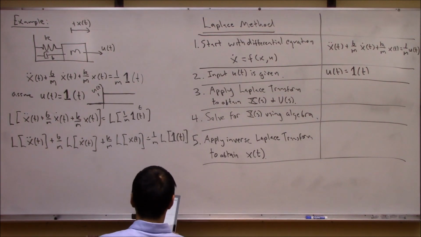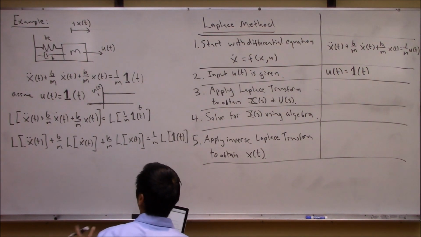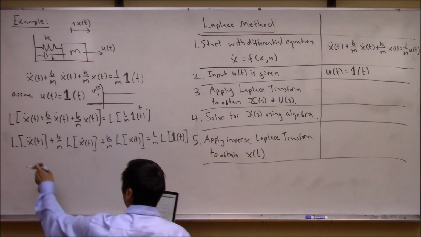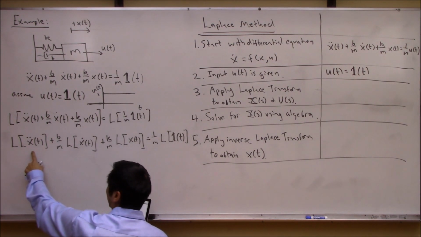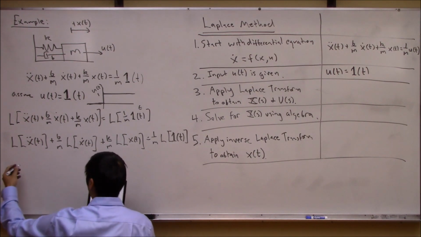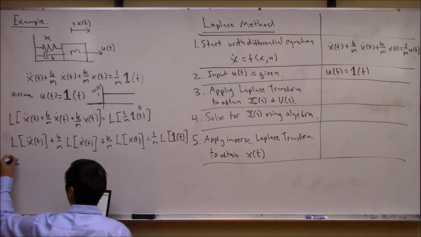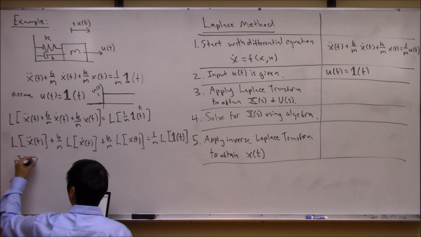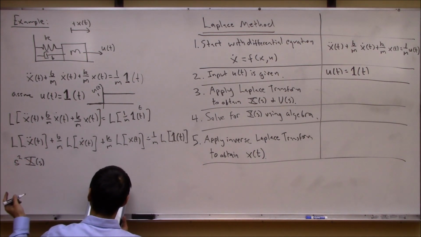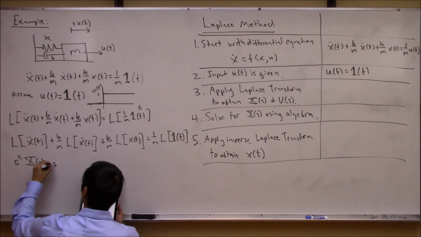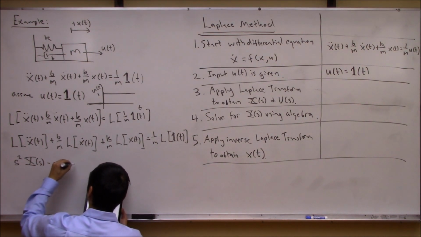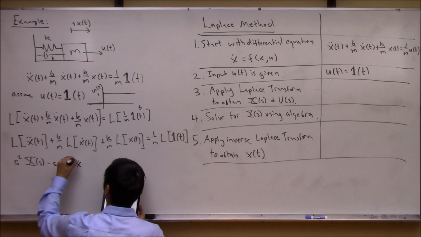Great. Now all we have to do is apply our rules for the different functions that we evaluated. This first one is the differentiation theorem we just talked about. It's the second derivative of a signal, so this is going to look like s squared capital X of s, and I have to take into account the initial conditions. So this is minus s times lowercase x0 minus x dot at time 0.